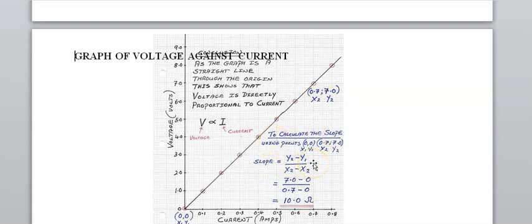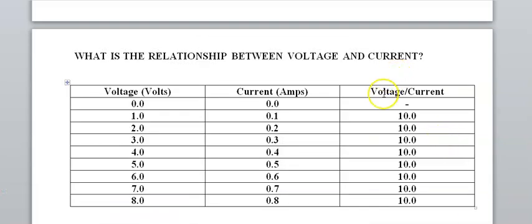You should be well familiar with that from mathematics. And I put my points in, and I got an answer of 10, 10.0. So the slope of this graph corresponds to the column I had here, which is voltage divided by current. And as I said to you, we're going to talk about this as the resistance of the resistor, and more about that shortly.